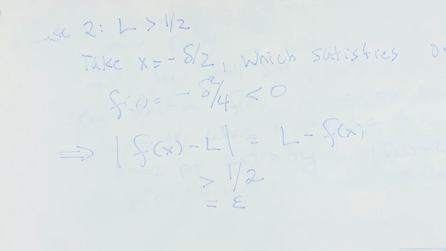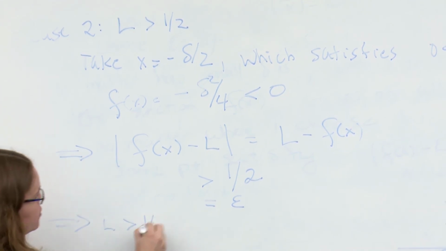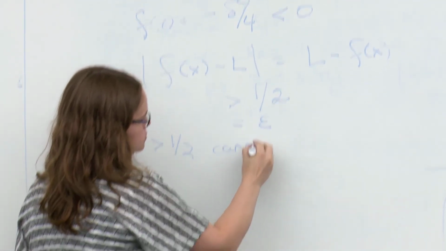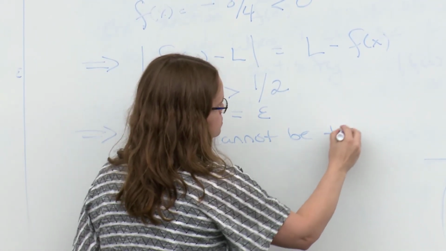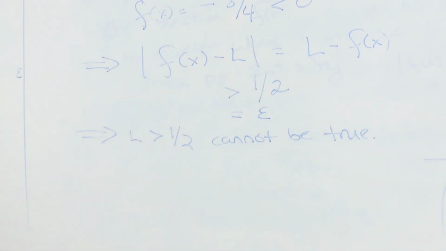So that means L bigger than a half cannot be true. So we've said, let's suppose this function has a limit. Well, we said there's a couple of cases, but we managed to rule out L less than or equal to half. We've managed to rule out that the value of the limit is bigger than a half. There's nothing left for us here.